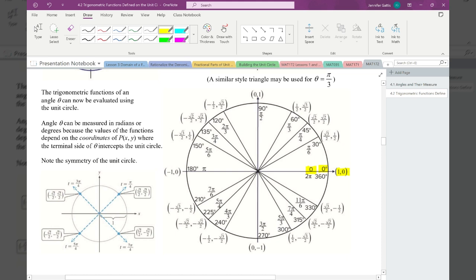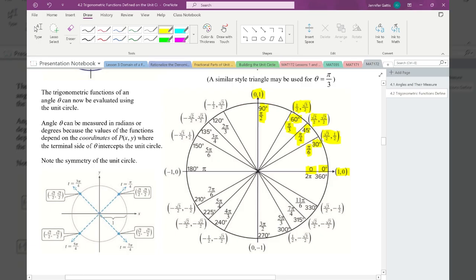If we are at 30 degrees or pi over 6 radians, our coordinates are (square root of 3 over 2, 1/2). If we are at 45 degrees or pi over 4 radians, then our coordinates are (root 2 over 2, root 2 over 2). If we're at 60 degrees or pi over 3 radians, then our coordinates are (1/2, root 3 over 2). And then if we're at 90 degrees or pi over 2, our coordinates are (0, 1).